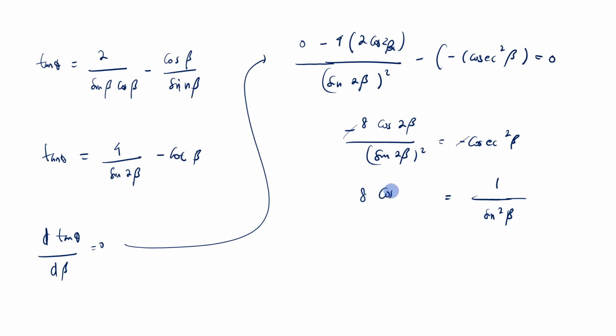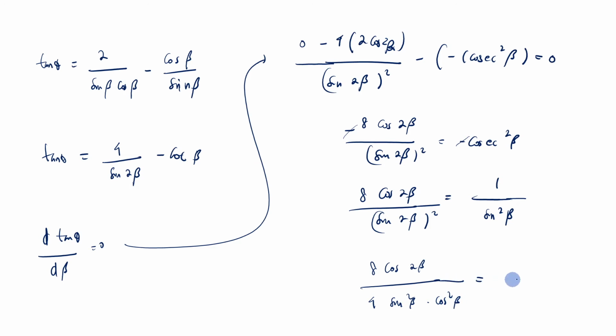So we get 8 cos 2 beta divided by sin 2 beta square, and we can change this term by the identity of trigonometry. So we get 8 cos 2 beta divided by 4 sin beta square times cos beta square equals 1 divided by sin beta square.